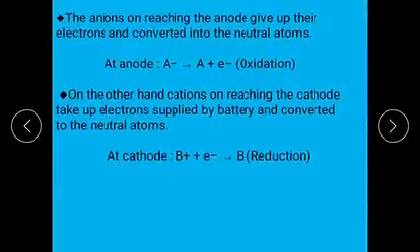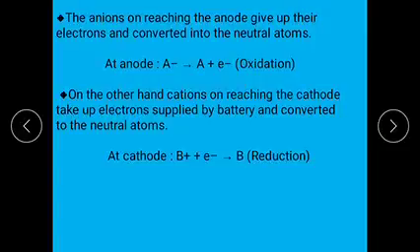At that stage, those ions give up their charges by gaining or losing electrons. For example, if an ion moves towards the anode side, it leaves some electrons and forms a neutral molecule. That is, oxidation reactions take place at the anode.